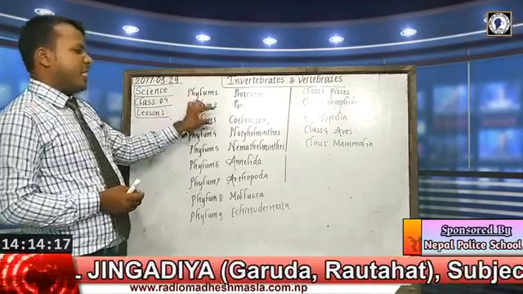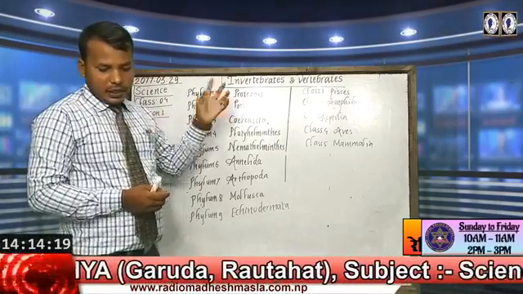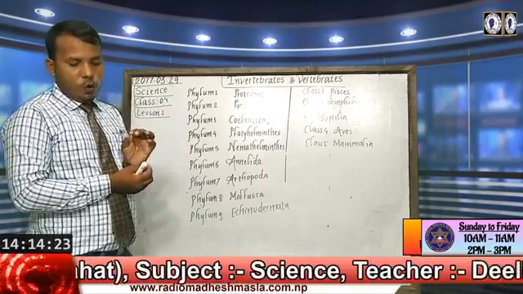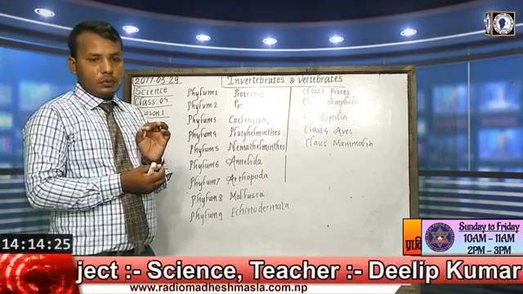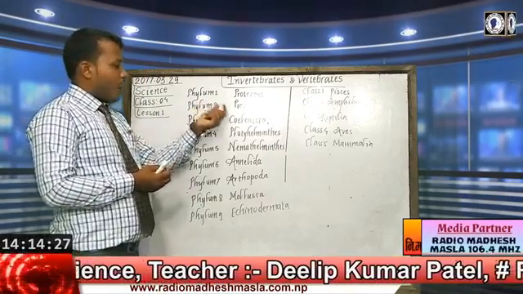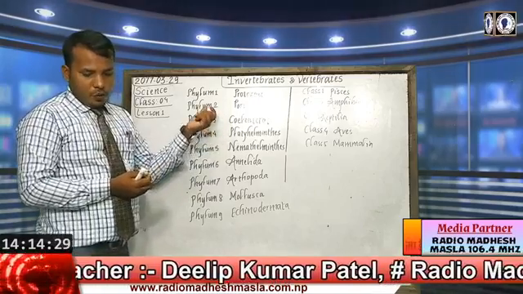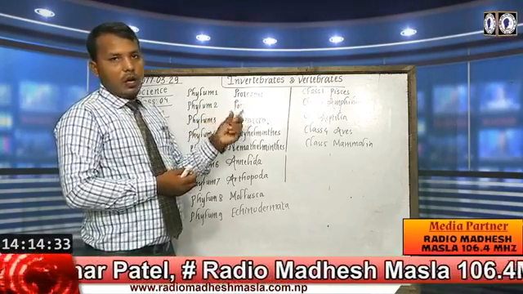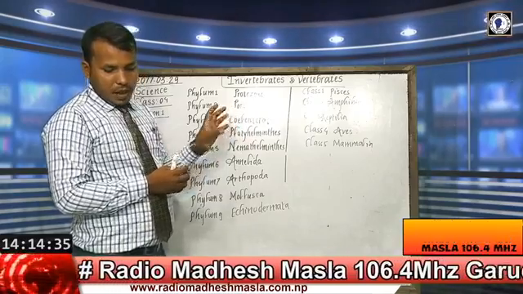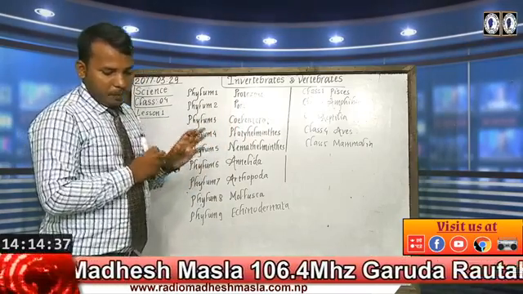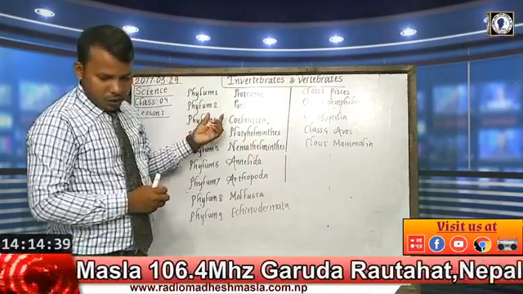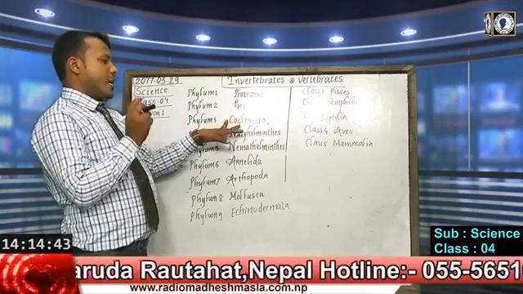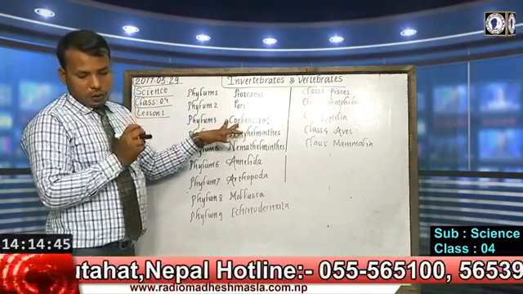Phylum 3, Coelenterata. This phylum includes those animals which have a sac-like hollow body, and they are found in water. They have a single opening called the mouth. They have tentacles around the mouth.